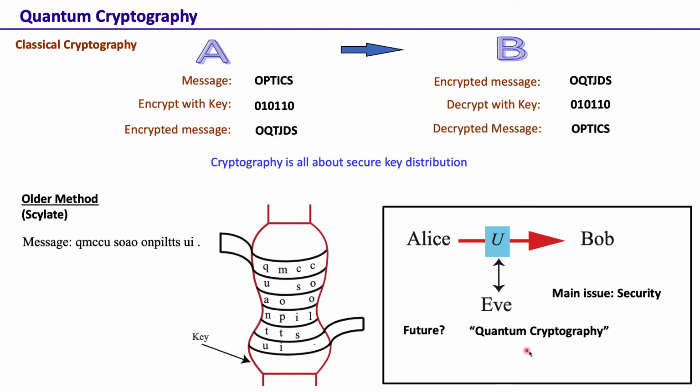So what is the future of cryptography? The future of cryptography, it looks like, is quantum cryptography. Quantum cryptography is actually perfectly secure, and this is because of the laws of quantum mechanics.